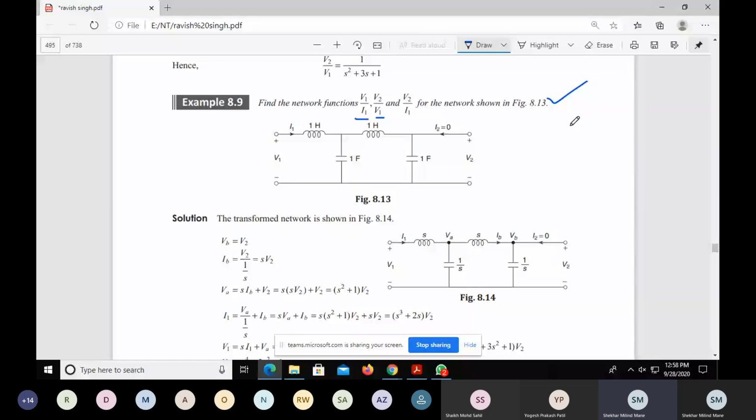These are the relationships that we have to find.